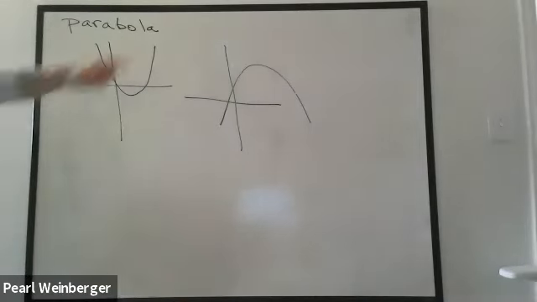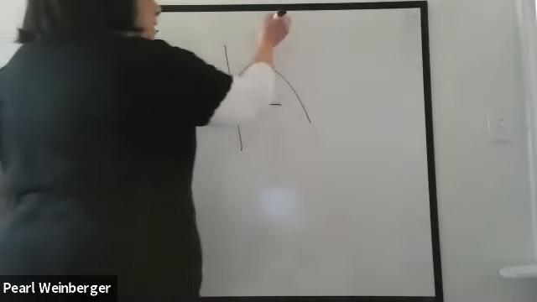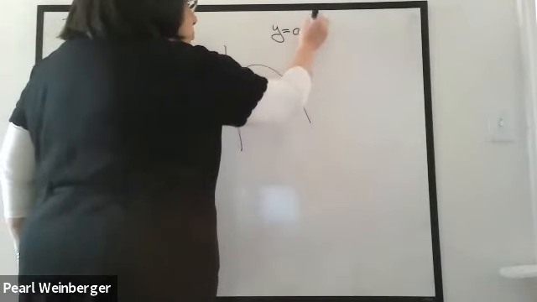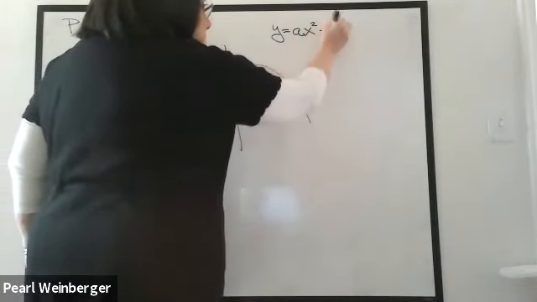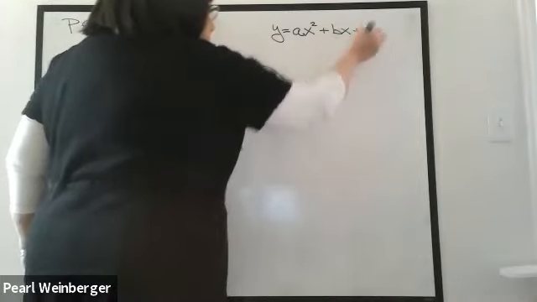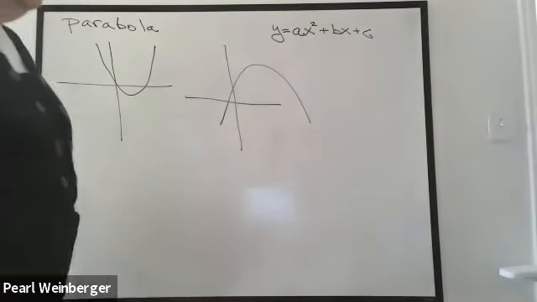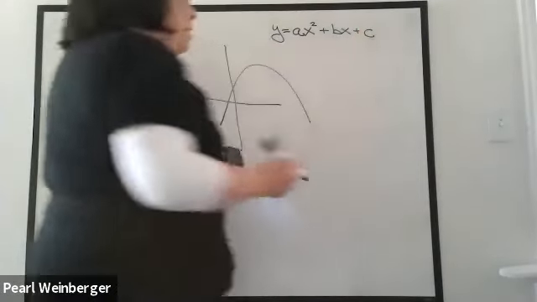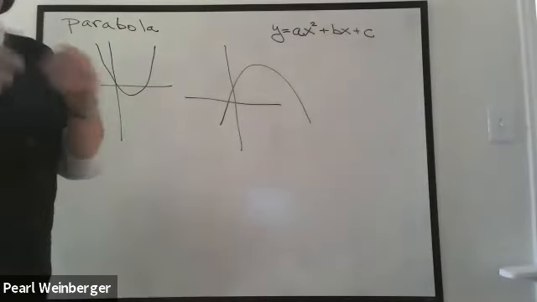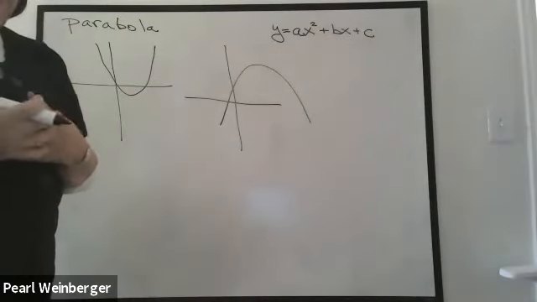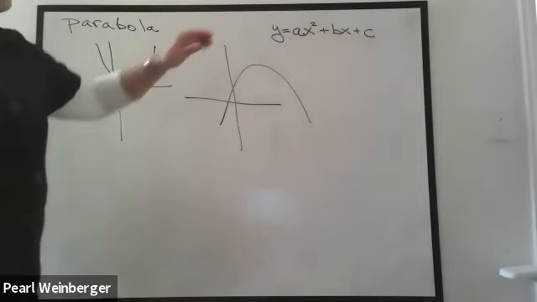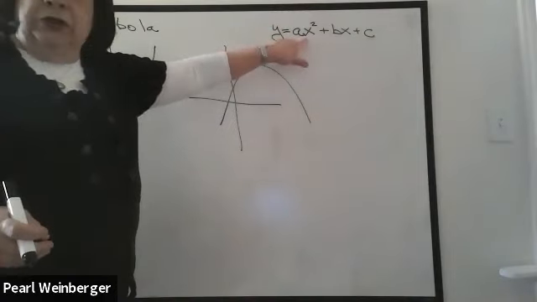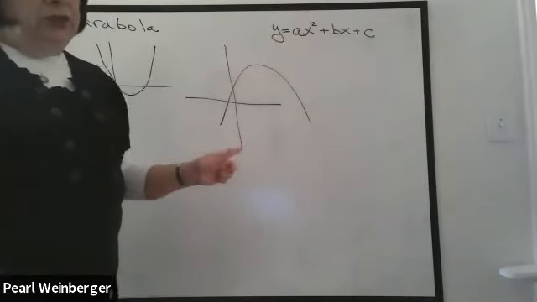Everything is connected. It turns out that the standard equation for a parabola is y equals ax squared plus bx plus c. Now you're going to recognize something. First of all, that probably looks familiar to you. But in terms of recognizing that you're dealing with a parabola, notice we have an x squared term, but there's no y squared.